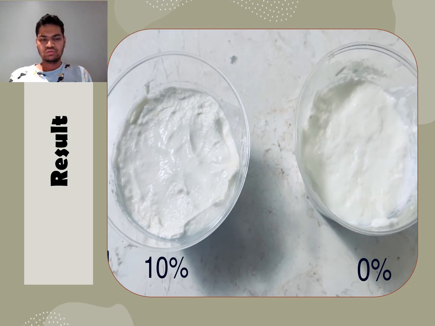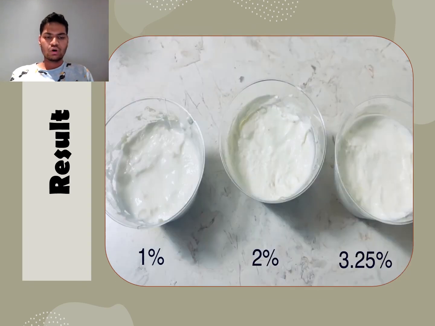Now we are going to discuss the results of the yogurt made from the 1%, 2%, and 3% milk fat content. Here the yogurt made with 1% has the lowest viscosity among all of them, and also it has a mild and sour taste compared to the other samples.